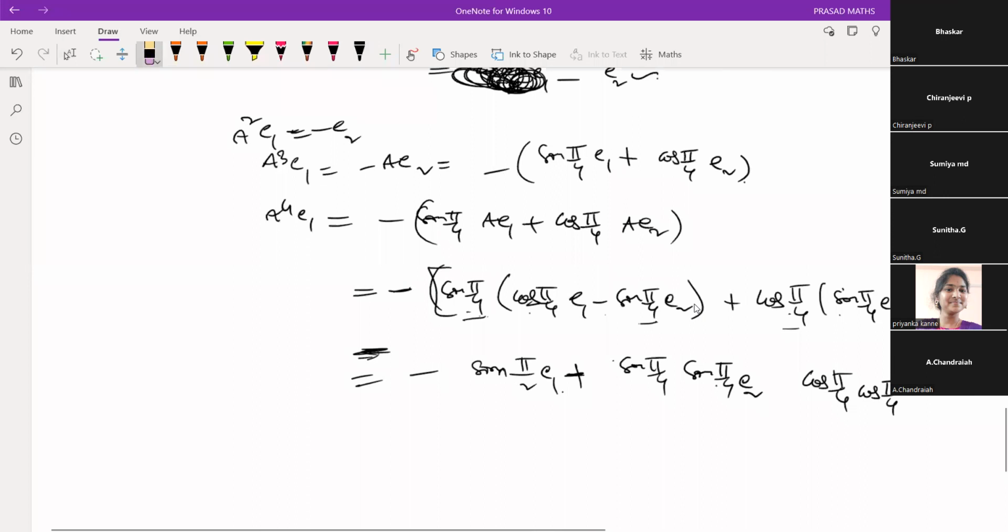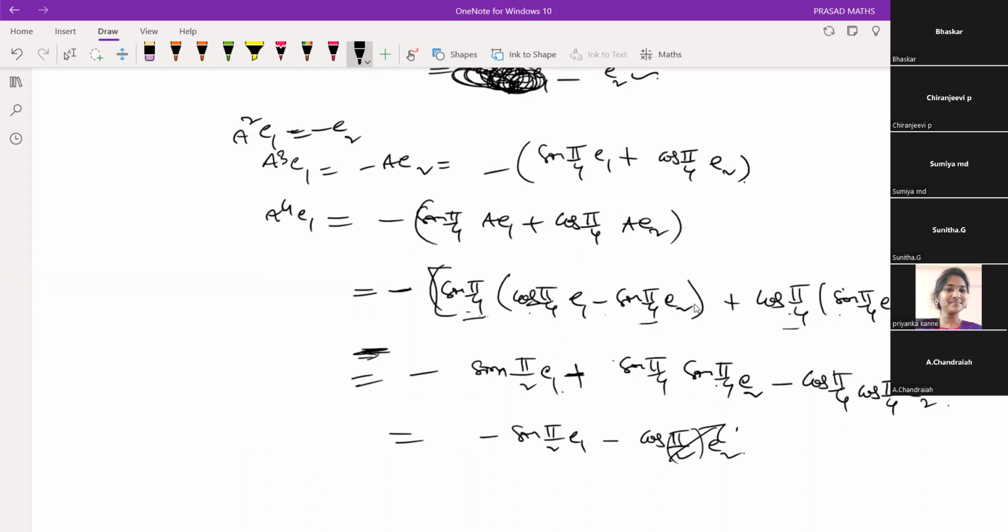Go through the calculations. So this is minus e2, right? This is nothing but minus sin pi by 2 e2, minus of cos pi by 2 e2.